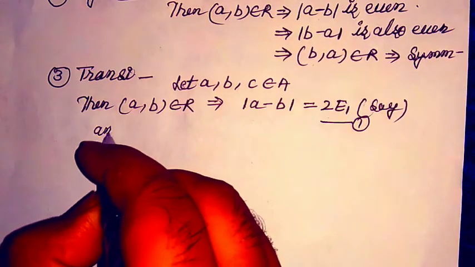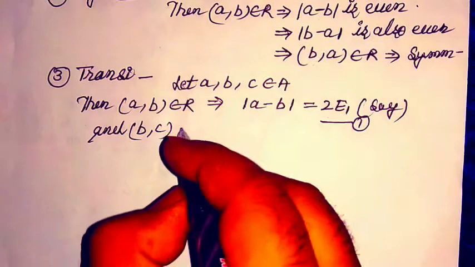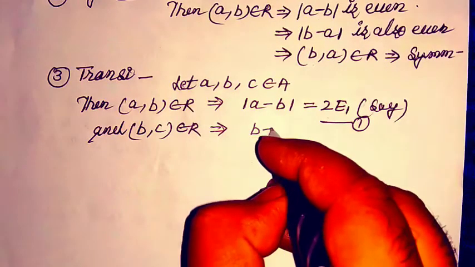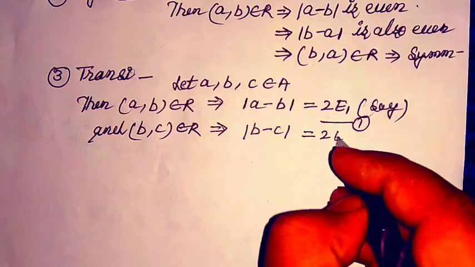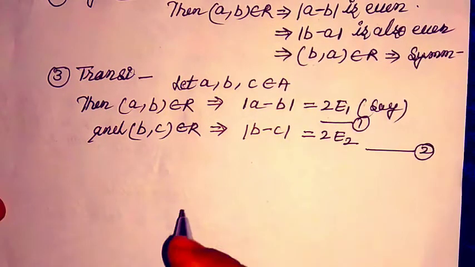And (b, c) belongs to R implies b minus c is also 2 times an even number. We write here 2.